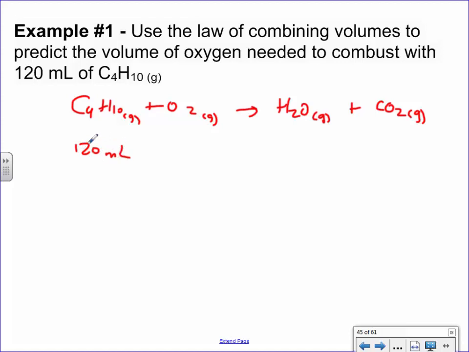He realized here that this 120 milliliters right here, he could predict that this was going to be 480 milliliters of carbon dioxide produced. And he realized that this water vapor right here was going to be 600 milliliters. Okay. And he did this experimentally. He did it experimentally and discovered that if he started with this much, that's how much he always produced.